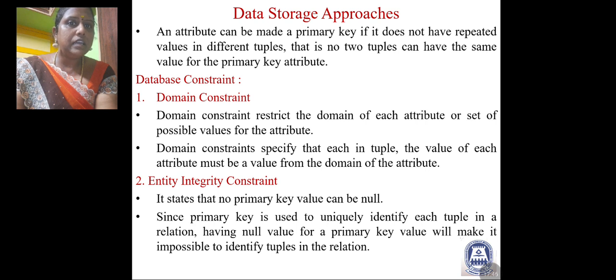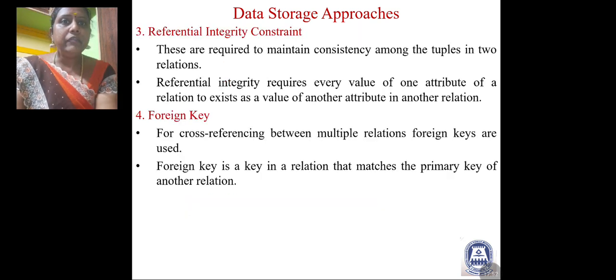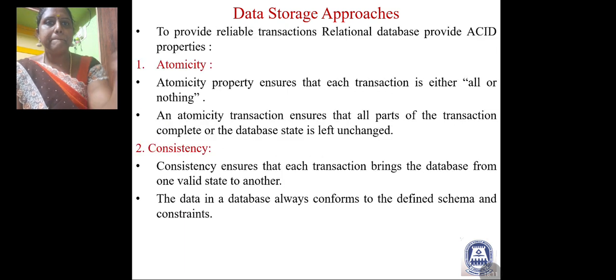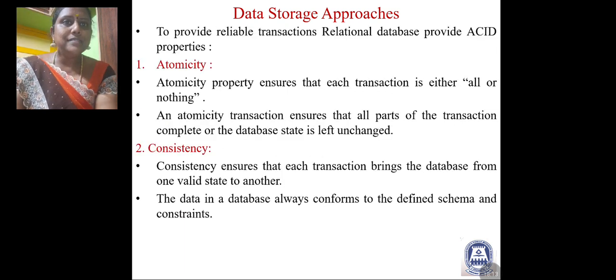Entity integrity states that no primary key value can be null. Referential integrity constraints require that for tuples in two relations, each value of one attribute of a relation must exist as the value of another attribute in the other relation. Foreign keys are used for cross reference between multiple relations.